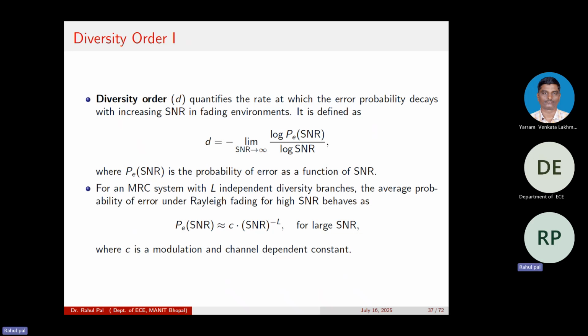Diversity order is something that we discuss in multi-antenna systems. So here we can say that the diversity order is equal to minus the limit as SNR tends to infinity, with the numerator being log of P and the denominator being log of SNR.